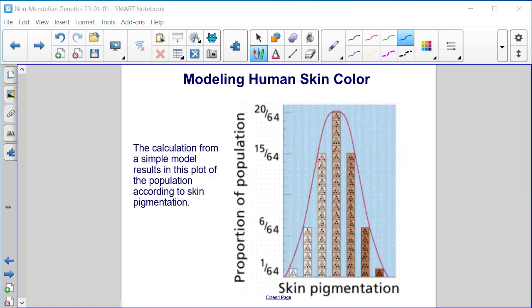The calculation from a simple model results in this plot of the population according to skin pigmentation. 1 out of 64 having the lightest and darkest pigmentation, and 20 out of 64 having this medium pigmentation.